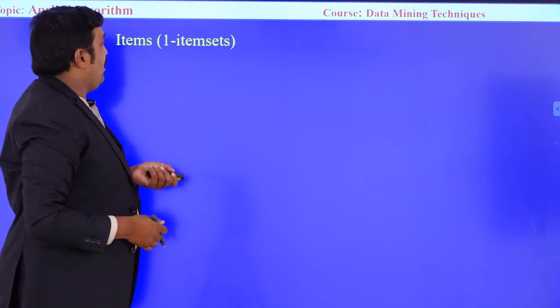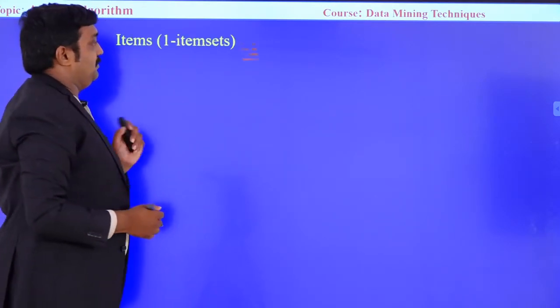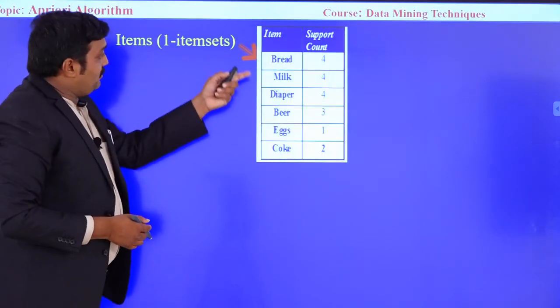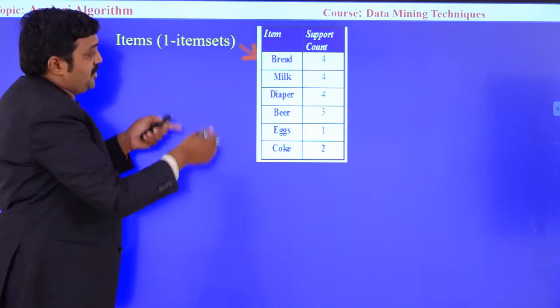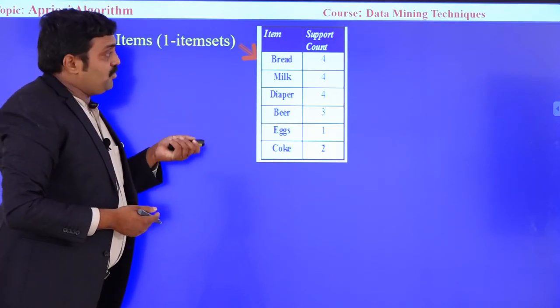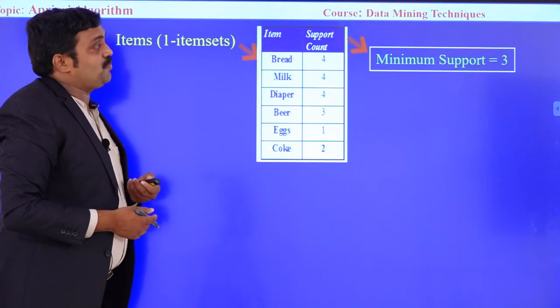Now let's see the first item set. First item set means k value is 1. So k value 1, same table. I just calculated the support count of all the items. Now I need to apply a pruning condition, that is minimum support 3.